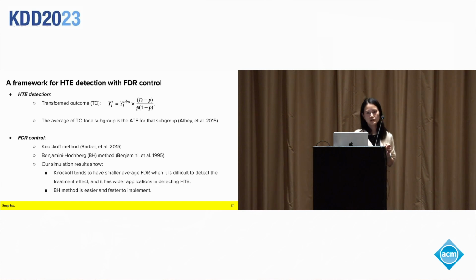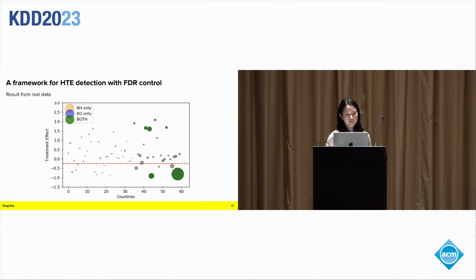Our simulation results show that the knockoff method tends to have smaller average FDR when it is difficult to detect the treatment effect, and it has wider applications in detecting HTE. On the other hand, the Benjamini-Hochberg method is easier and faster to implement. And when we try these methods on real data, we see they are able to give us pretty consistent and good results overall.